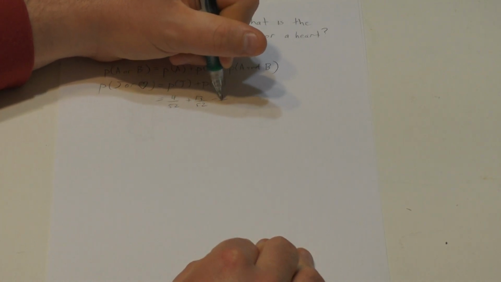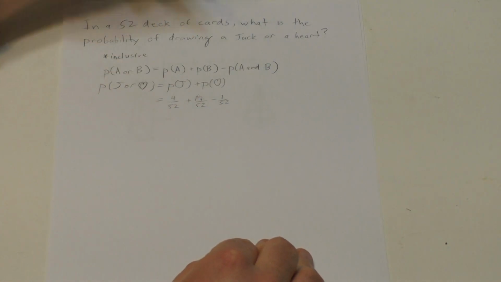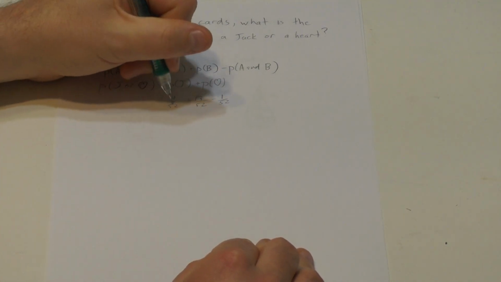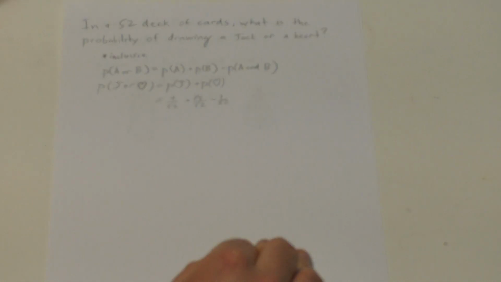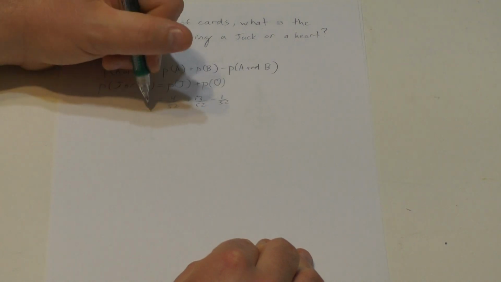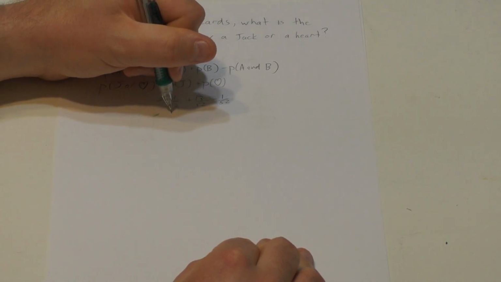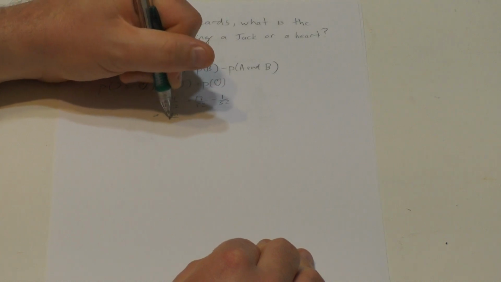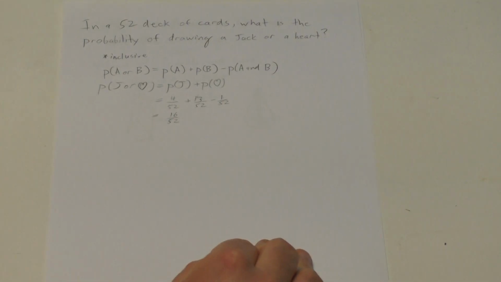So what I'm going to do is I'm going to subtract off 1 over 52, because one of the cards is both a jack and a heart. Okay? So then, they all have the same common denominator, so I can combine them together. This would be 17 minus 1 is 16 out of 52.